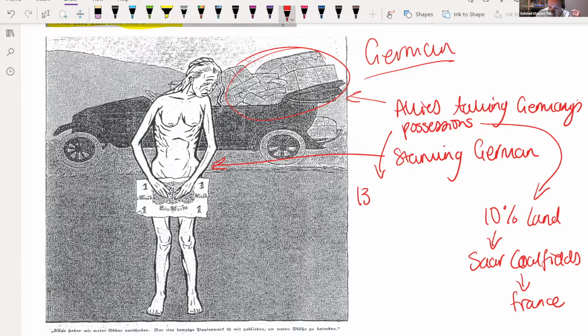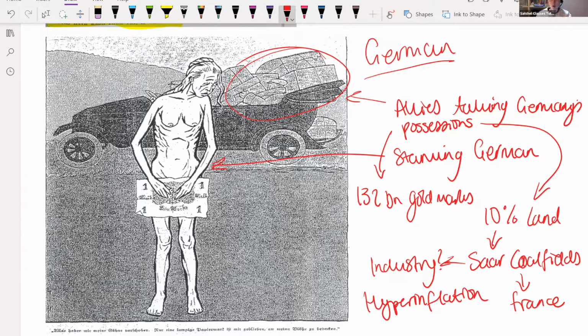You could also have the 132 billion gold marks that were taken from Germany. All right, and why is this making the German people starve? Again, you can come back to the coal fields. You can come back to how do they build up their industry without the coal fields? You can talk about hyperinflation.